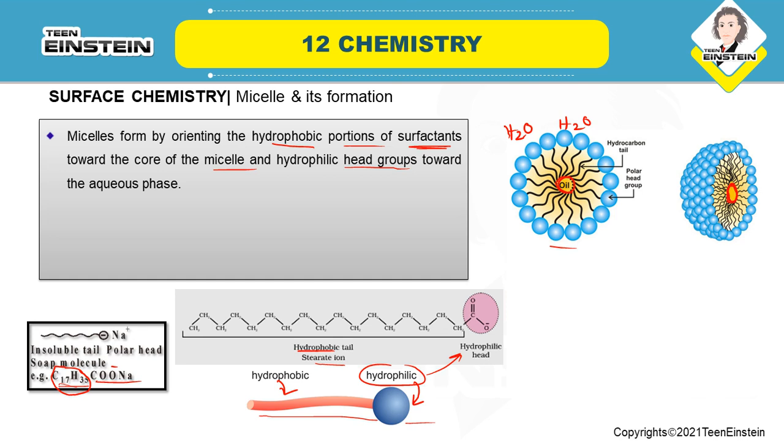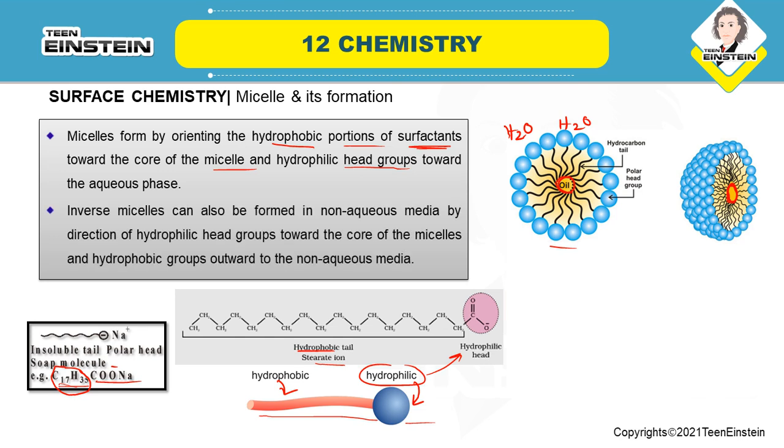This is the structure of a micelle, but an inverse micelle is also possible, though not so common. You should know what an inverse micelle is. It can be formed in a non-aqueous medium. Suppose the outer region, the dispersed medium, is not water but something non-polar. Then the tail part will be outside and the head part will be in the core.